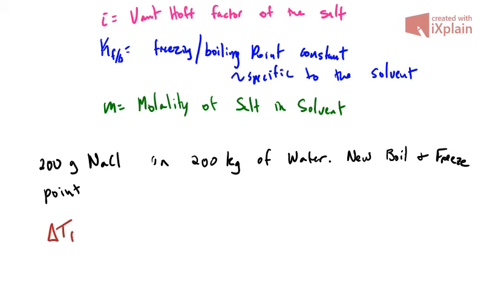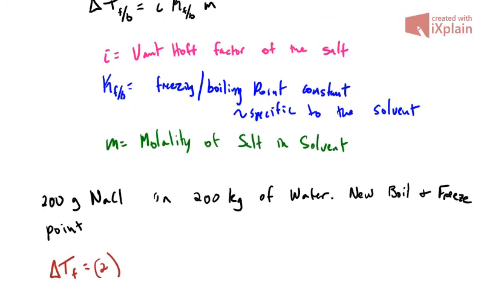Delta T freezing point. Now, the Van't Hoff factor for sodium chloride is 2. Sodium chloride breaks up into 1 Na plus and 1 Cl minus. So that is 2 different ions, meaning it is a Van't Hoff factor of 2.